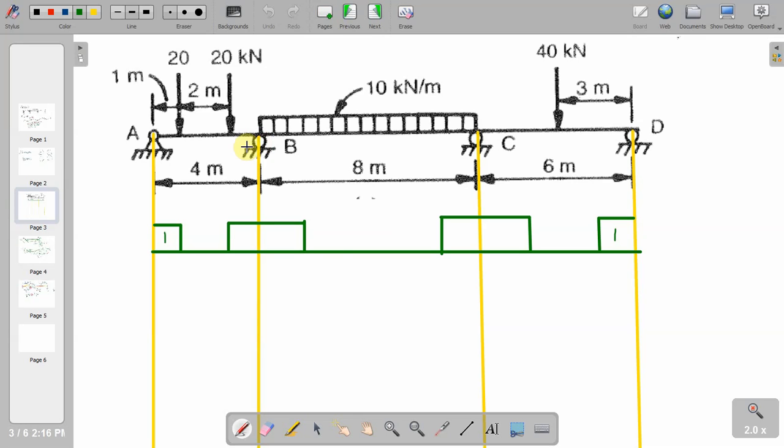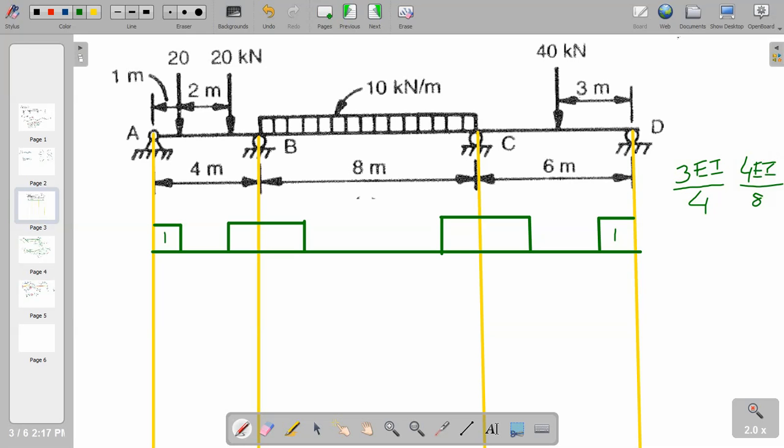I'm just writing this as a scratch pad here. The left side will be 3 times EI divided by L, which is 4. The right side is 4 times EI by L, where L is 8. Please do it on paper at your end.